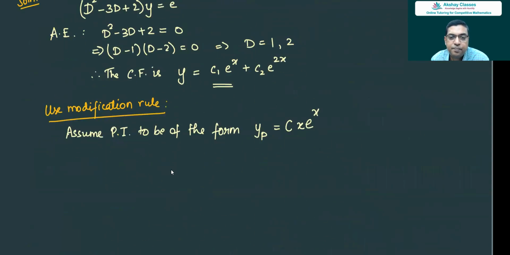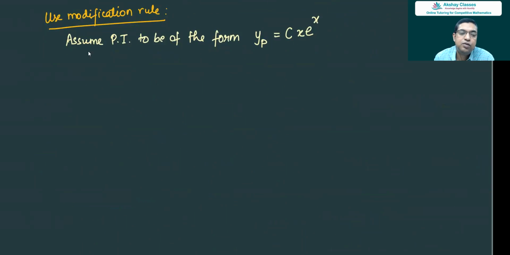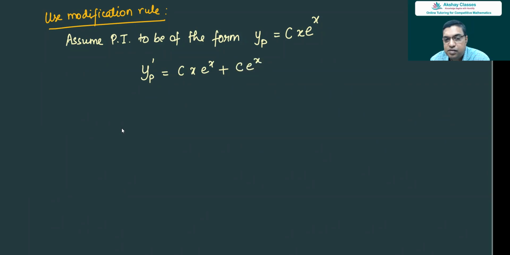So that's the idea. Our choice of y_p would have been c e^x, but that matches with the term of the complementary function. That is why we multiply with x. Now there is no match. So what is the first derivative? c times x times e^x plus c e^x, so you have c(x plus 1) e^x.